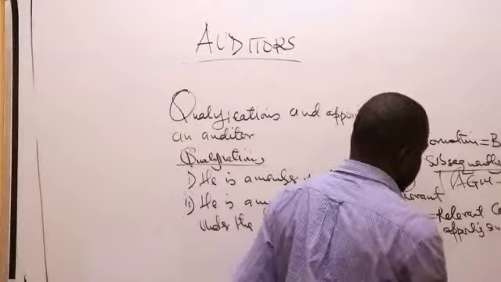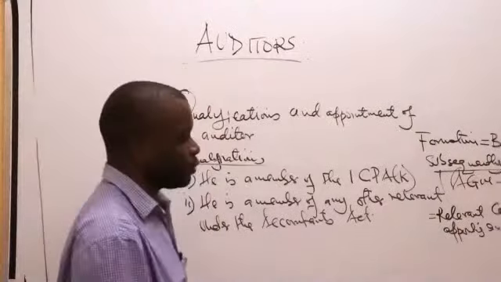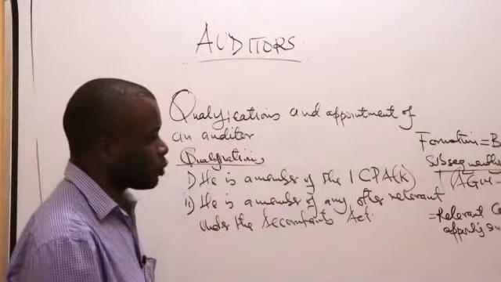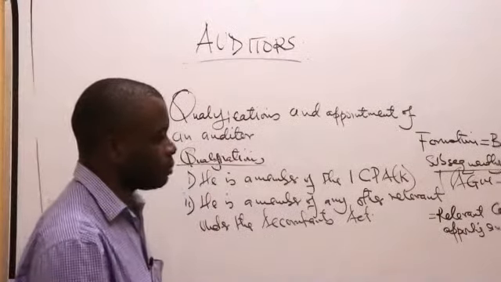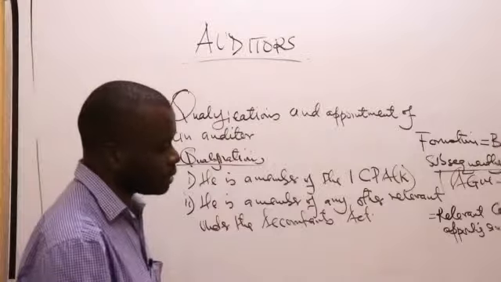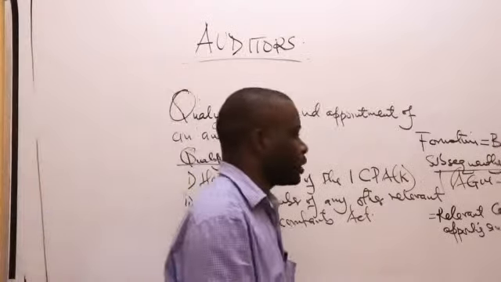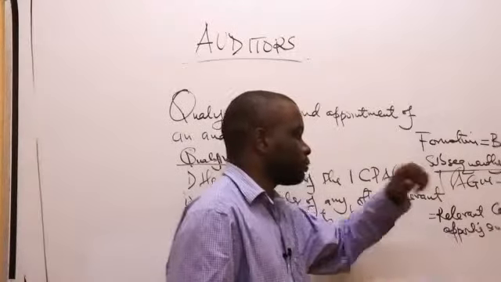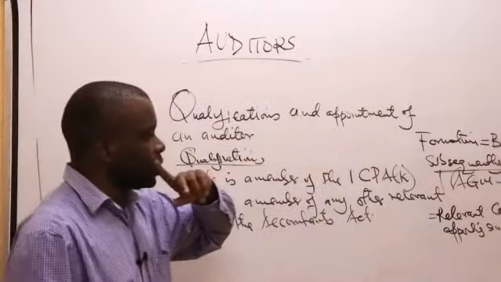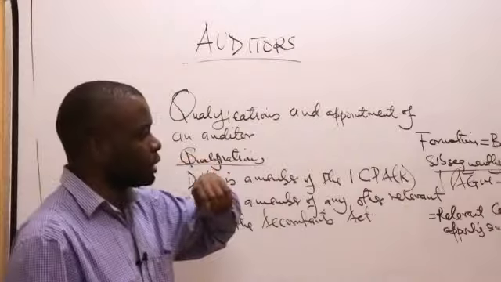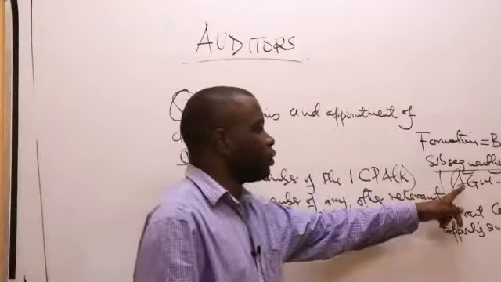For example, if it is a parastatal under the Ministry of Education and they haven't been able to appoint an auditor, the cabinet secretary can step in and appoint an auditor for such a corporate body. But generally, those persons who are supposed to appoint an auditor in a company are the members of the company.